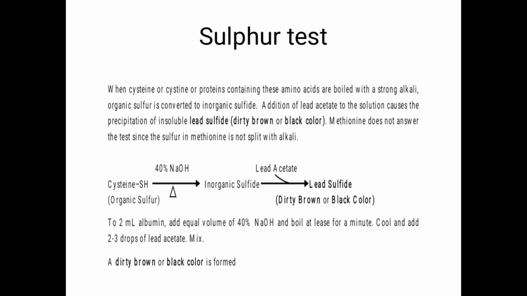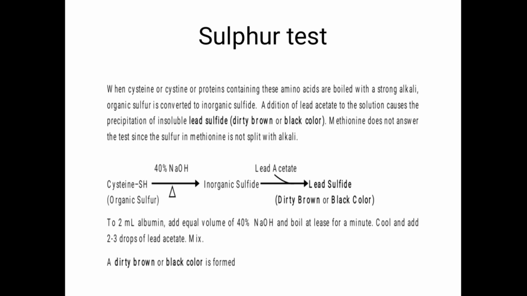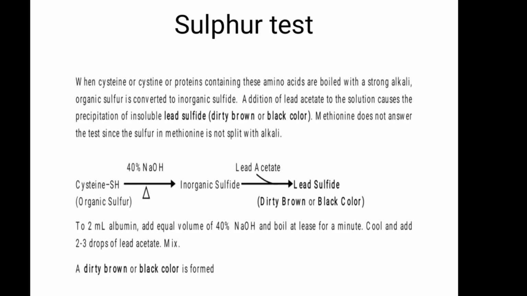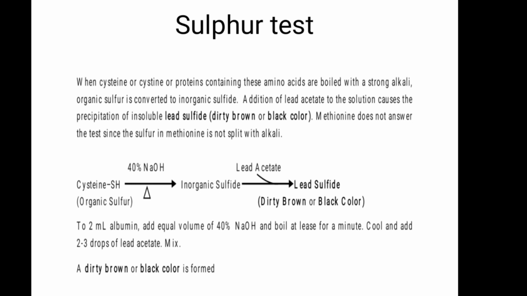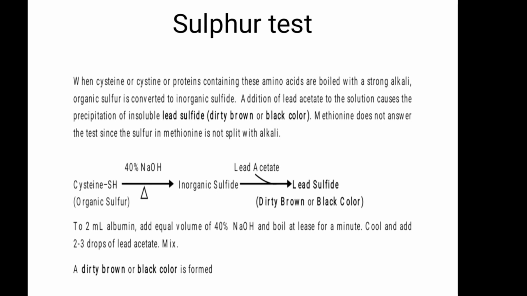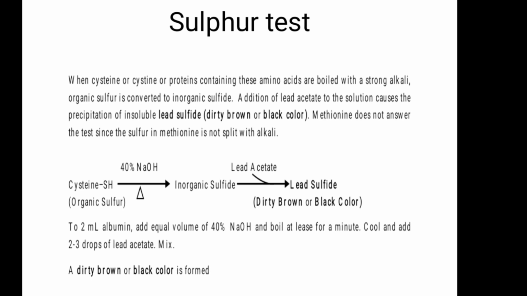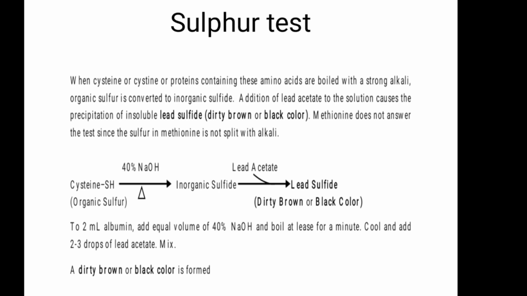Organic sulfur is converted to inorganic sulfide. Addition of lead acetate to the solution causes precipitation of insoluble lead sulfide, so that you get dirty brown or black color.